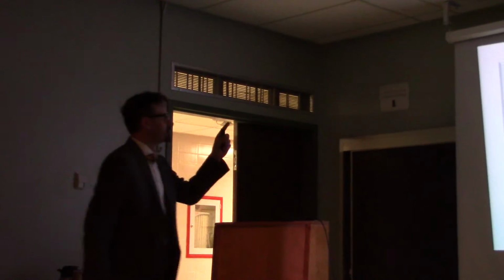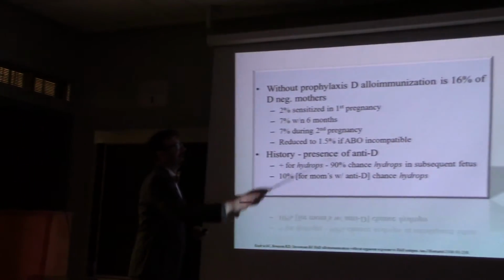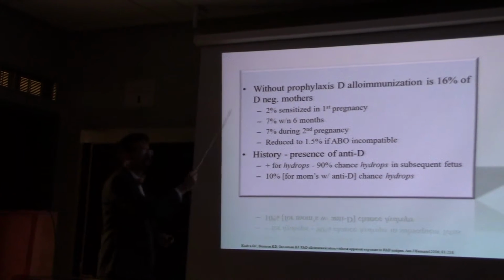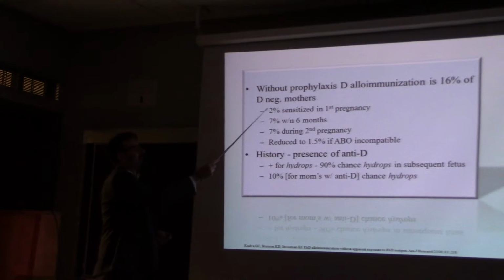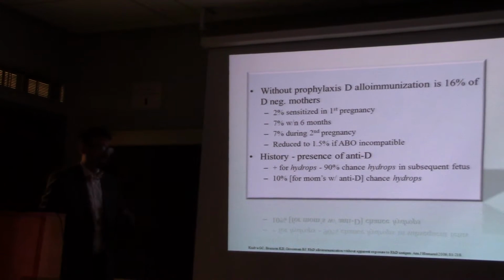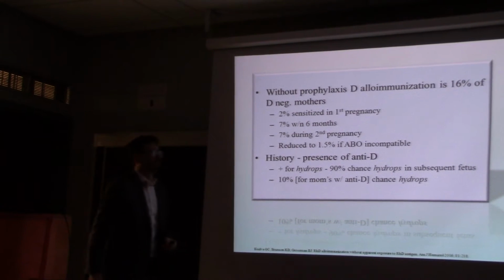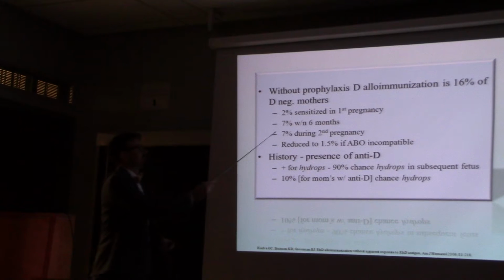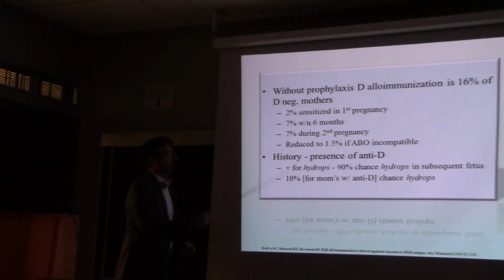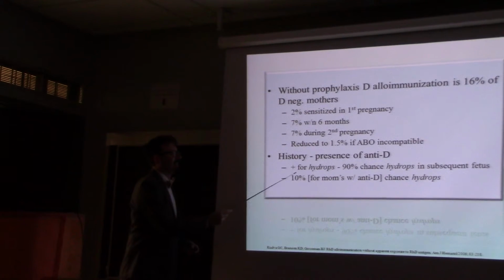So these are good statistics. Without prophylaxis, alloimmunization occurs in 16% of the D-negative mothers, of which 2% are sensitized in the first pregnancy, so it can happen in the first pregnancy. 7% within 6 months, 7% during the second pregnancy, and if you have a history of anti-D, 10%.